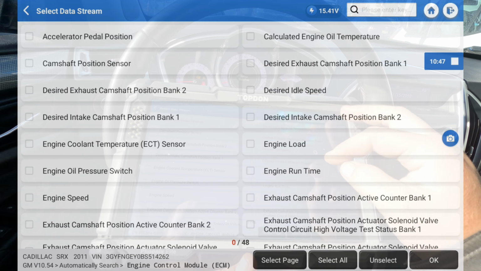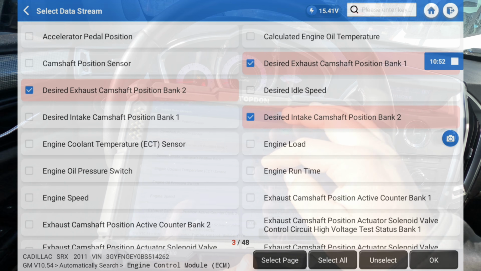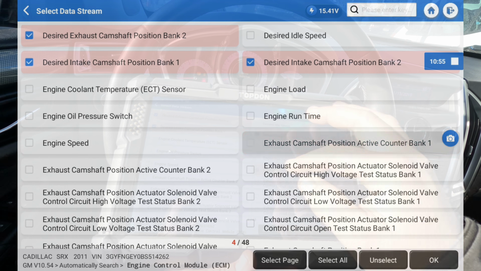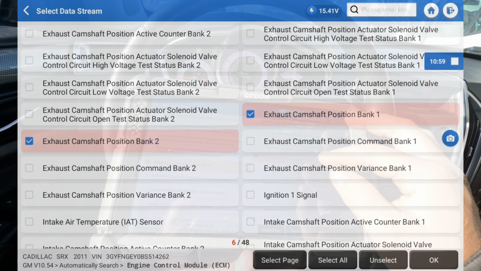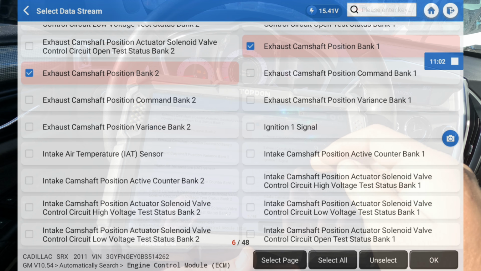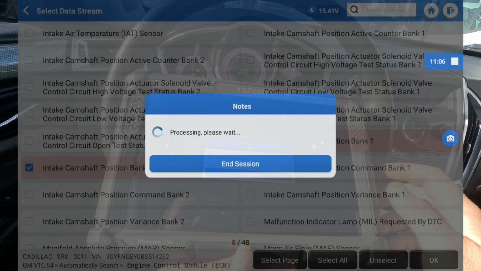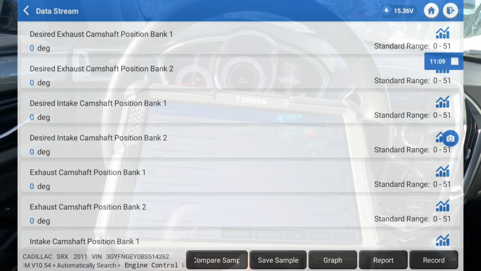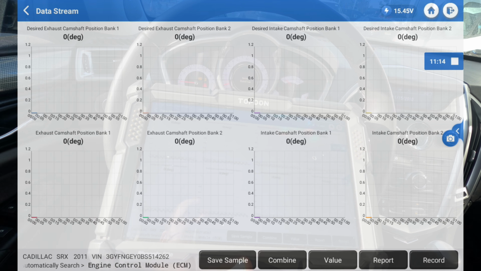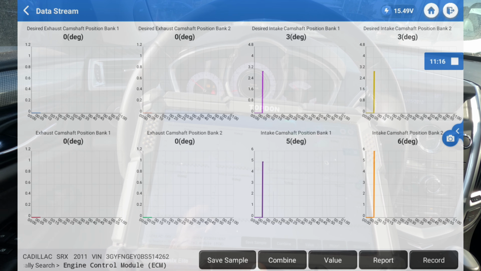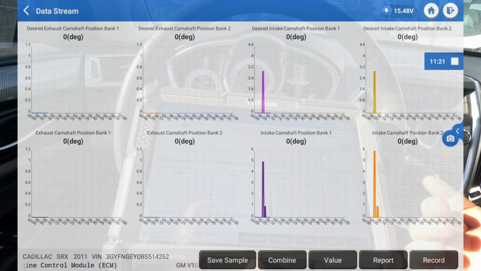Data 1. Desired exhaust. And intake. Nope, still all zeros. So it seems to be following it.